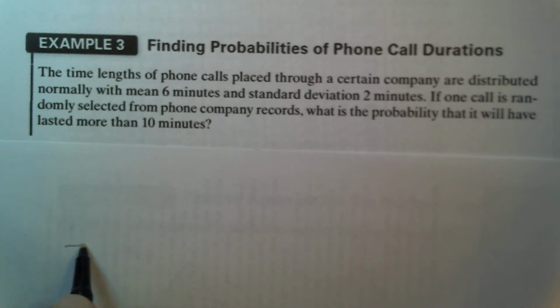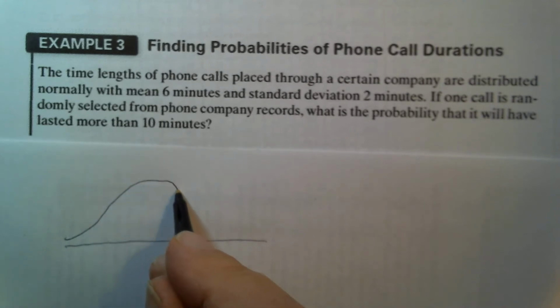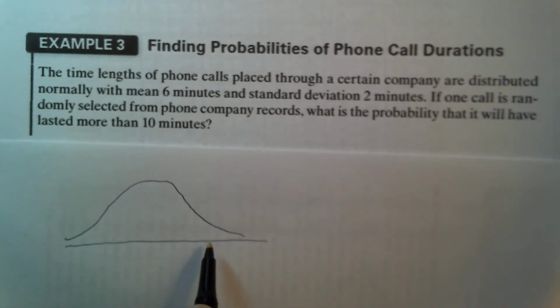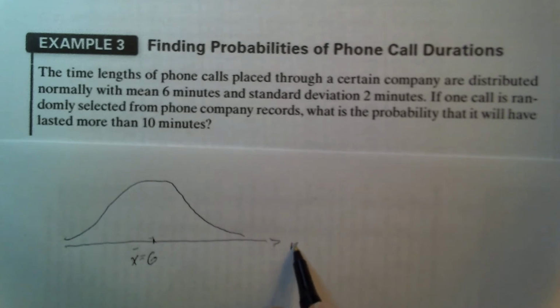Again, it doesn't have to be to scale, but just something that will make sense. So there would be the distribution, and the mean is 6 minutes, so x bar is equal to 6 minutes, and the standard deviation S is equal to 2 minutes.